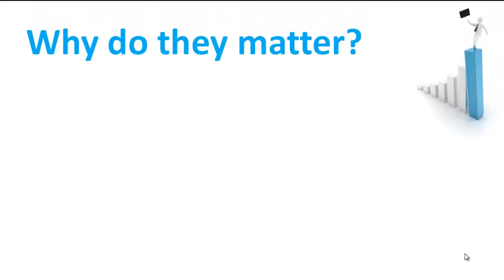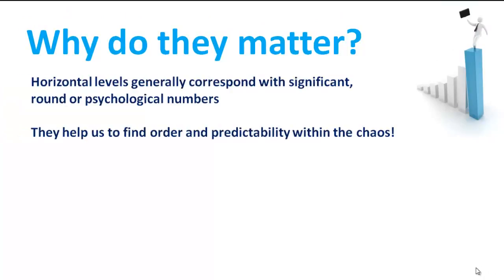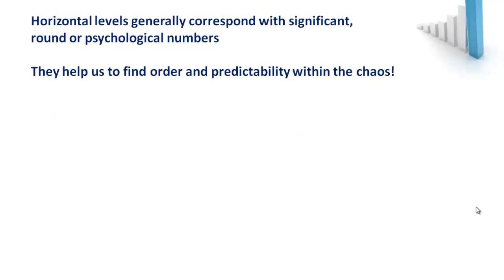Okay, so why do horizontal levels matter so much? Well, they generally correspond with significant numbers, psychological numbers, round numbers, essentially where there's been perceived value to sell or buy by the prevailing buyers and sellers in the past. They're also absolutely essential for us to find predictability and order within the chaos of the Forex market.